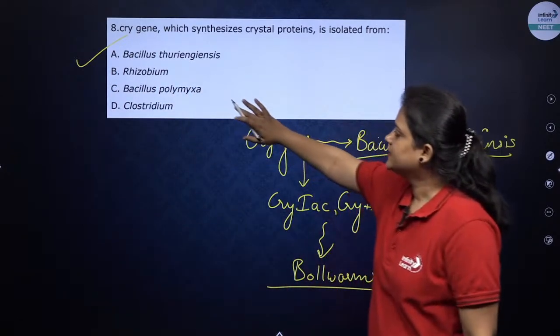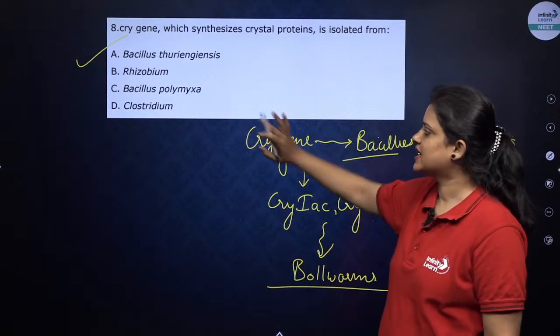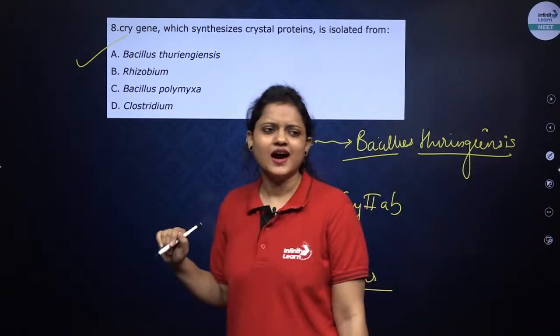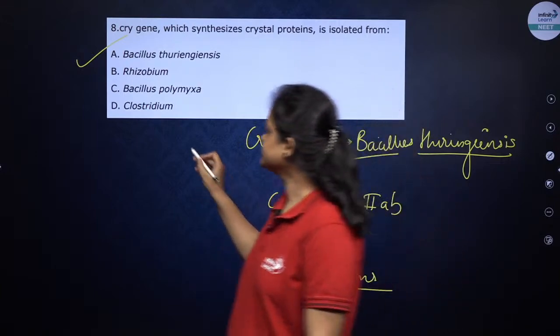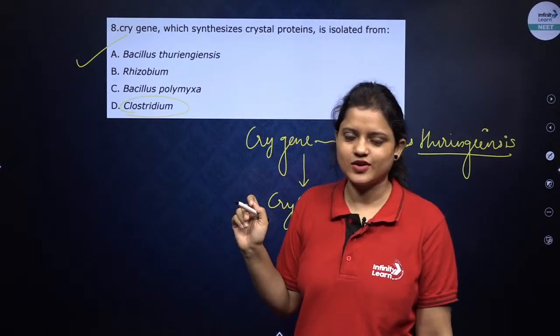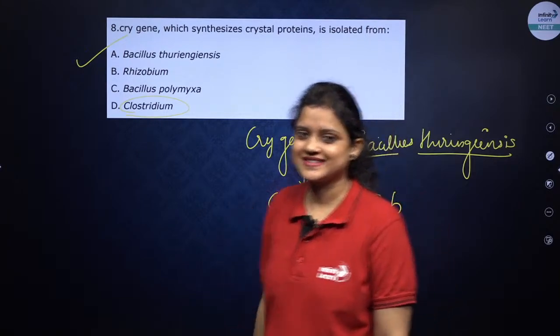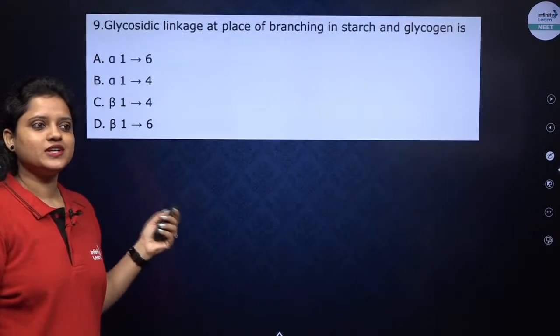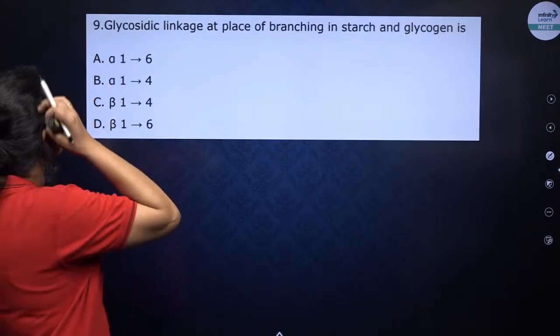Not Rhizobium, not Bacillus polymyxa or Clostridium. Do you remember Clostridium? Clostridium causes tetanus, isn't it? So the correct option here was option A. Let's move on to our next question.